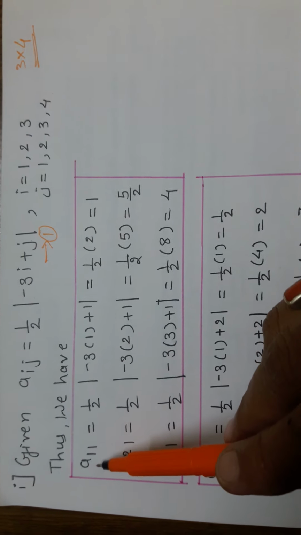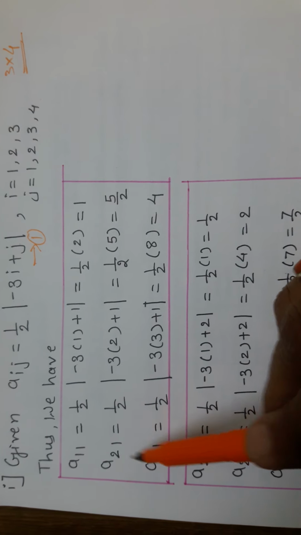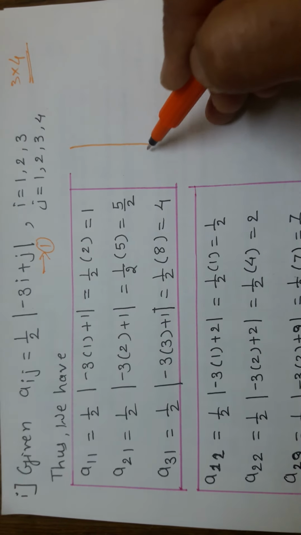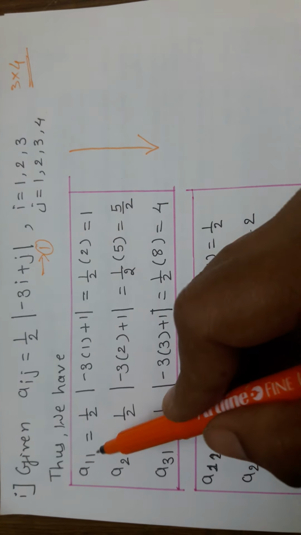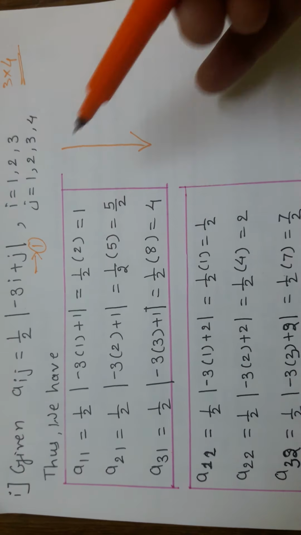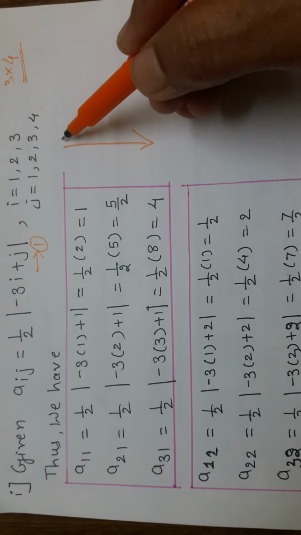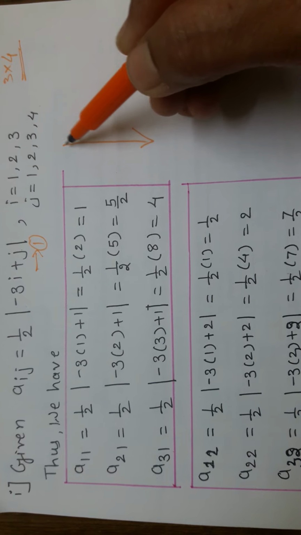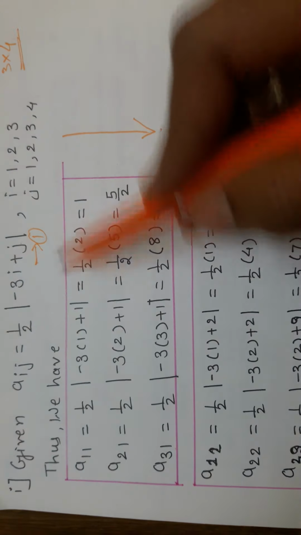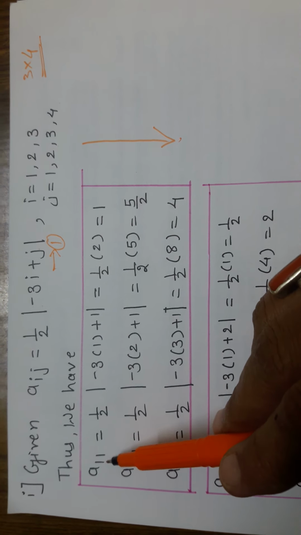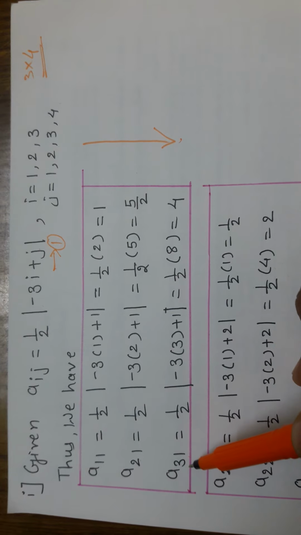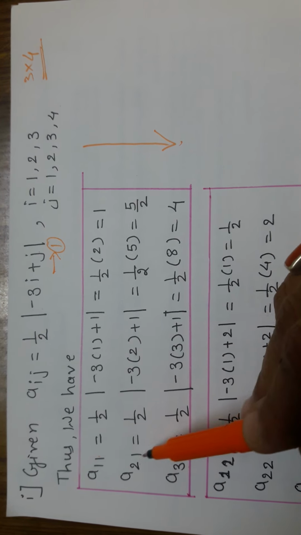First of all, we will find A11, A21, A31, means first column we are going to find. So here our row is different, but the column will be the first only. That's why here we will substitute the value of i is equal to 1, here 2 and here 3, but j should be 1, 1, 1.